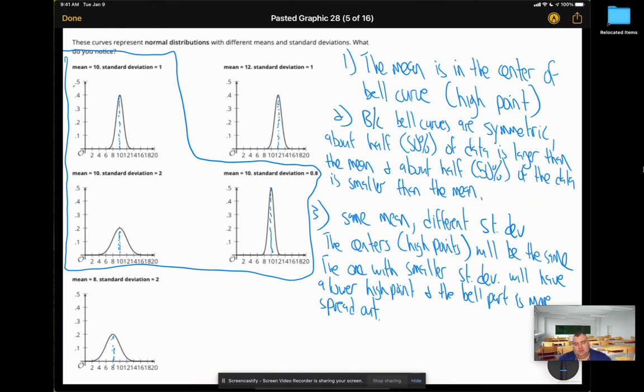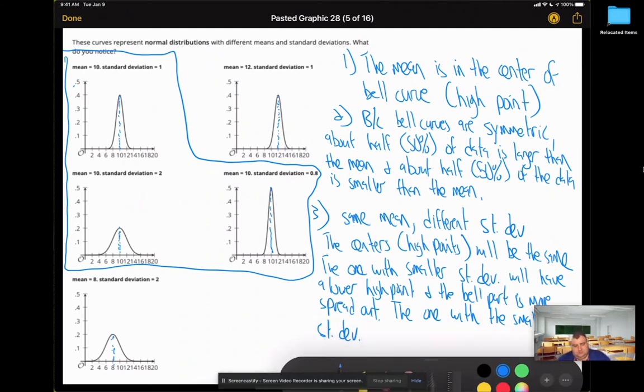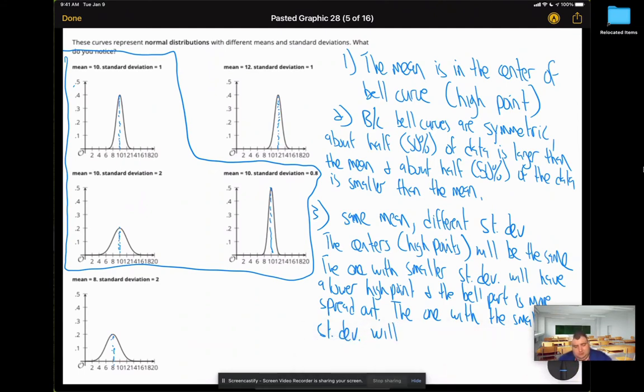The one with the smaller standard deviation will have a higher high point, right? It'll be a taller bell.